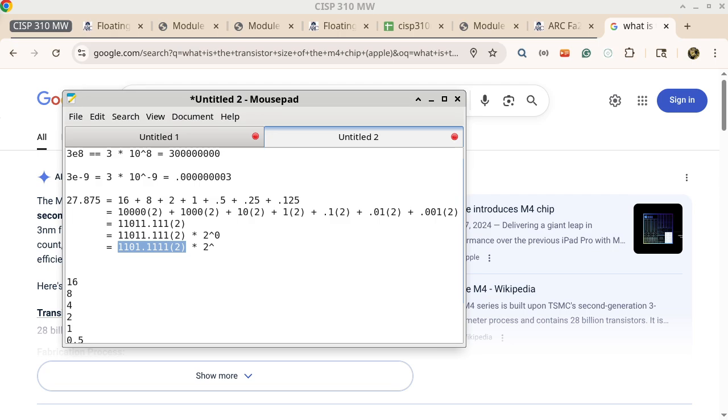So that means all the powers of 2 that are being specified are now 1/2 of what they used to be. Which also means when you look at the value represented by 1101.1111, it is 1/2 of the value represented by 11011.111 as a base 2 number.